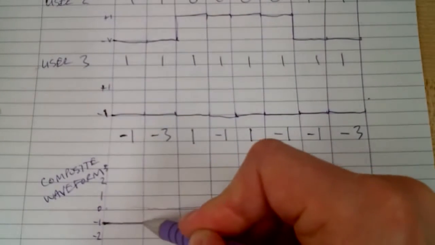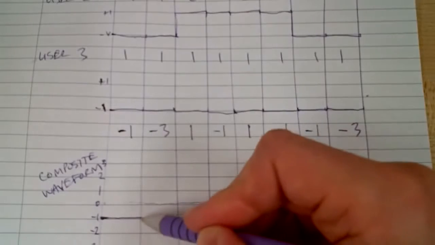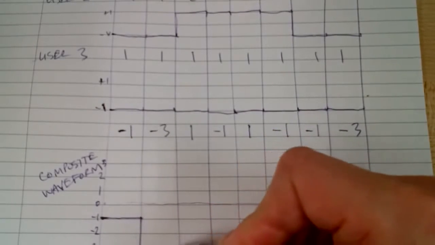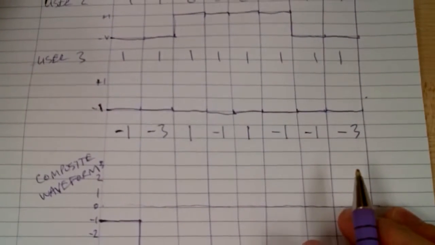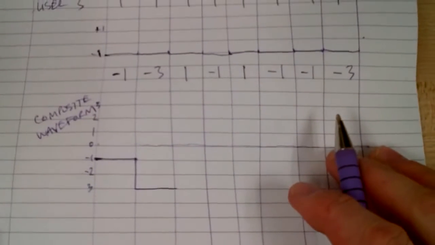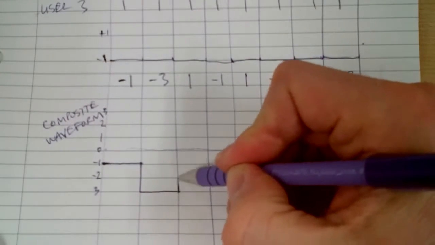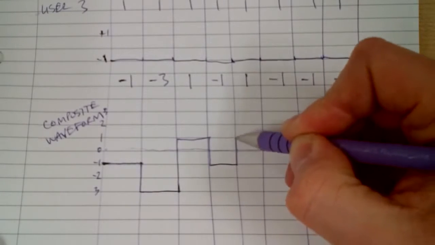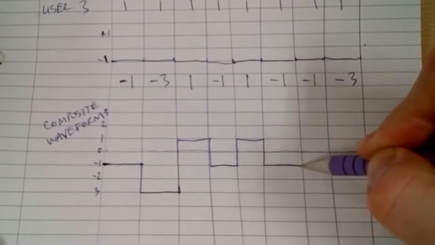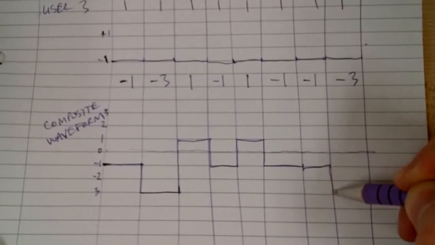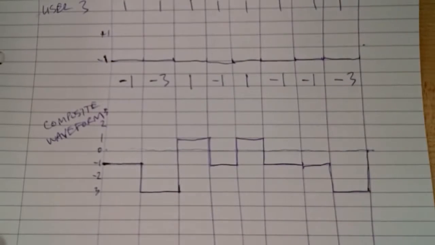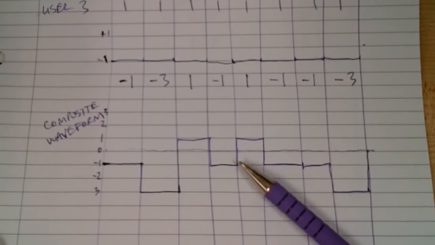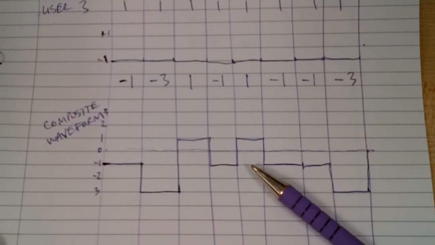Here's -1. And then -3. I know you can't see that. There. And this is up to 1. And down to -1. Back up to 1. -1. -1. And -3.